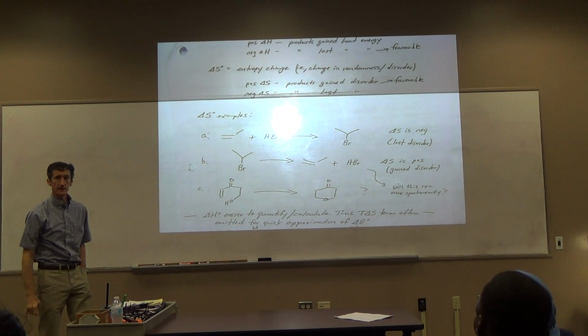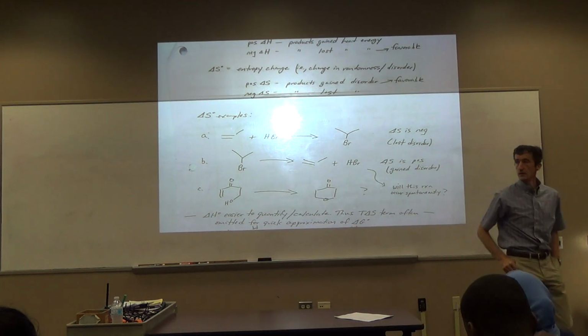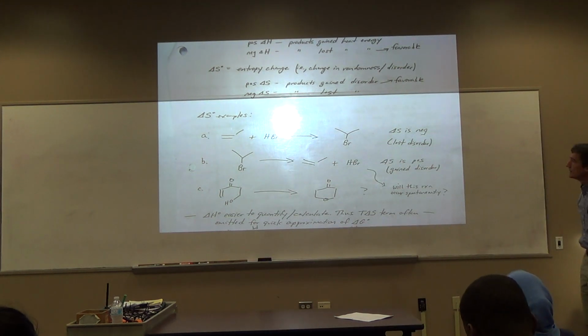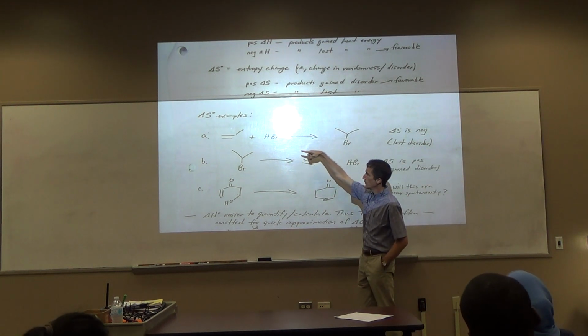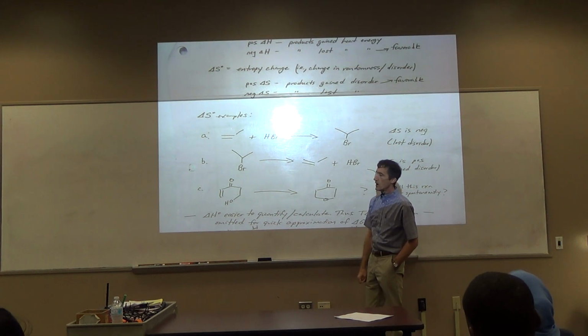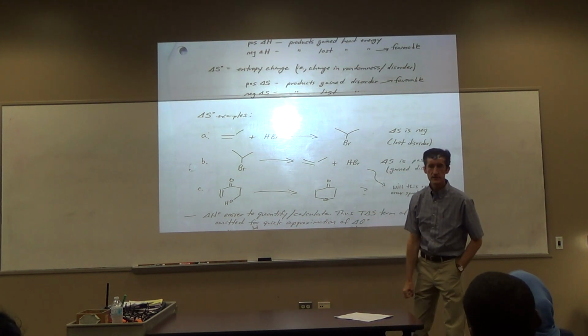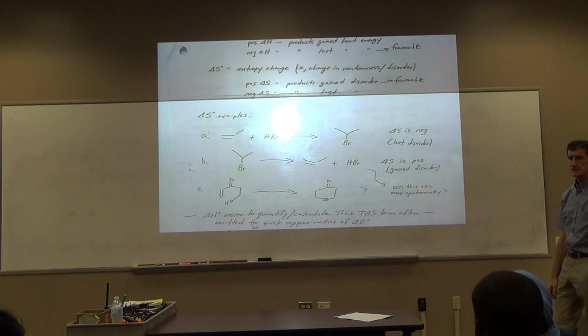B is the reverse of A. Okay? So the reverse is favored by entropy. What about enthalpy? We'll have to do bond strength calculations there. And then the overall answer, delta G, comes from the two terms, enthalpy and entropy.